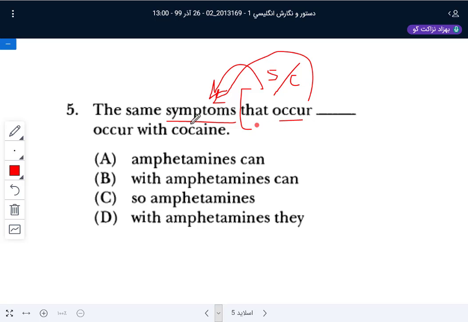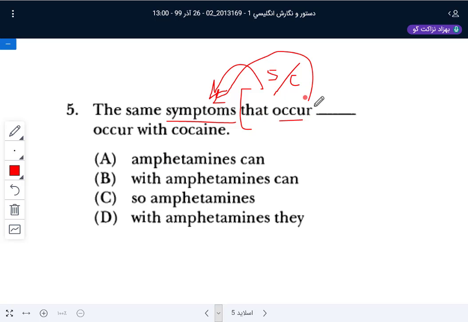So if I choose choice A, I will have amphetamine. So the same symptoms that occur amphetamines.